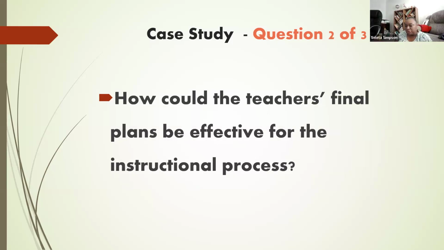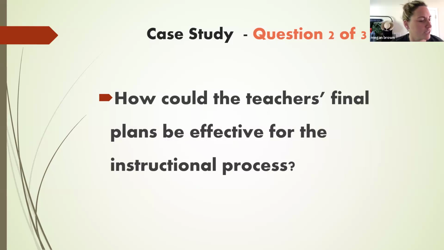Okay. Question number 2. How could the teacher's final plans be effective for the instructional process? So how could we make sure that the teacher's final plans were effective for the instructional process?